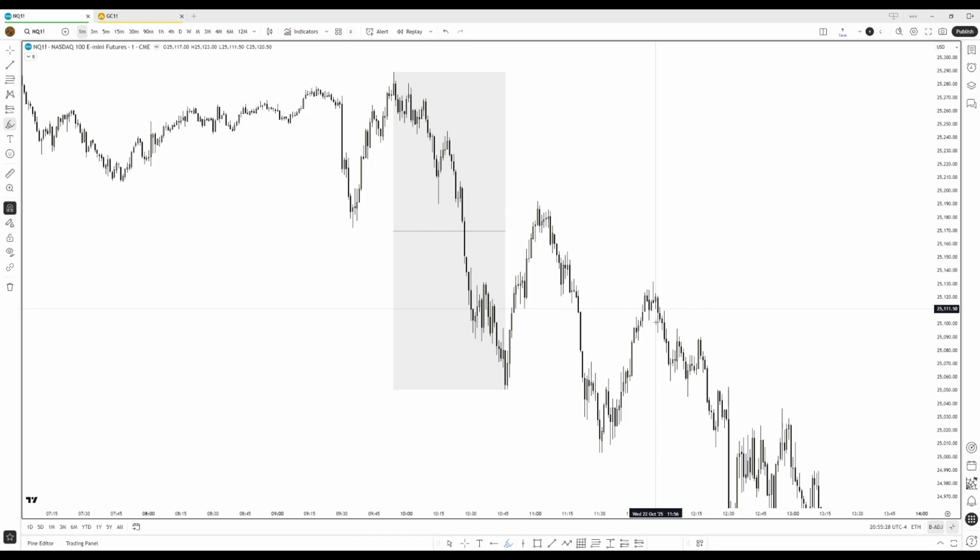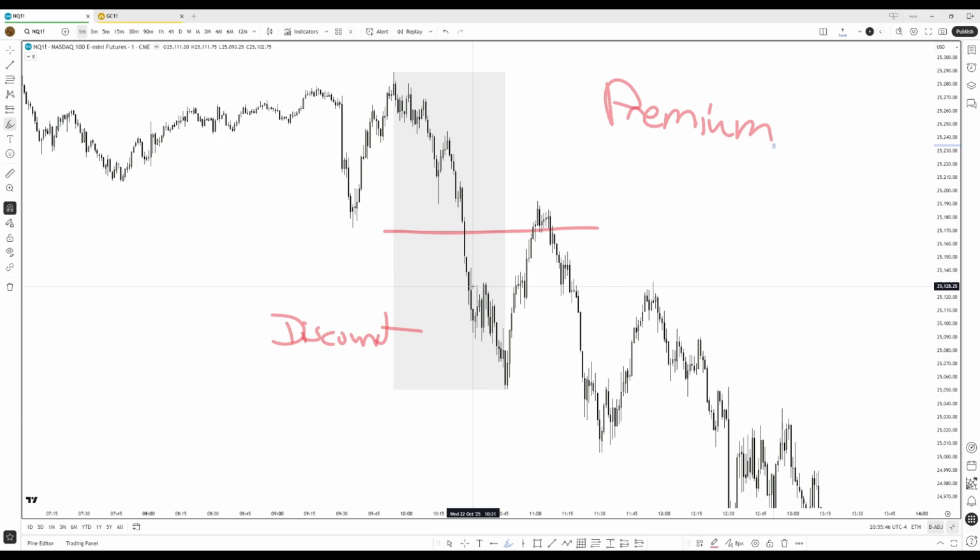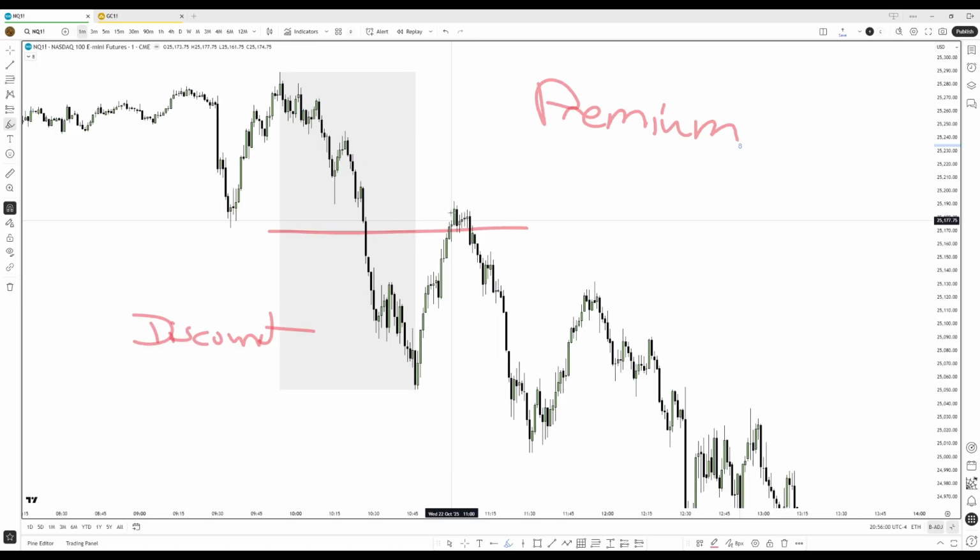Under the 50% is considered discount, and above the 50% is considered premium. If we're trying to sell something, you obviously want to sell at a higher price. Once it reaches premium, you can expect price to look for people to sell to, so price is gonna come down. That's what makes a bearish trend. People are selling in premium.